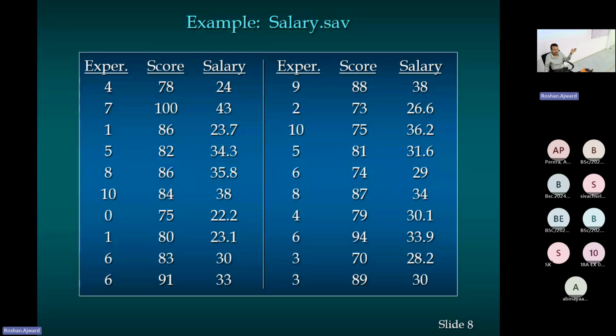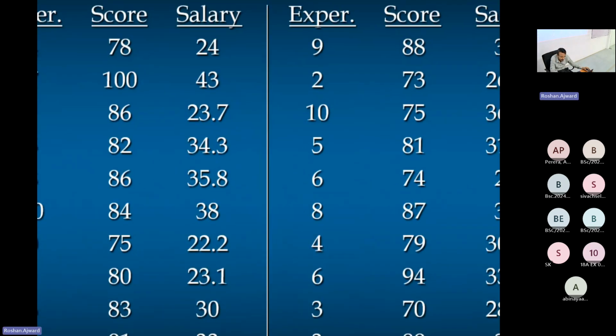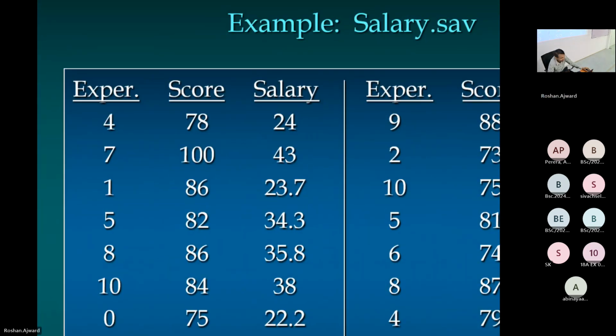So the 20 is given in this way. You can see there are 3 variables available. What are the 3 variables? Experience, score, and salary.